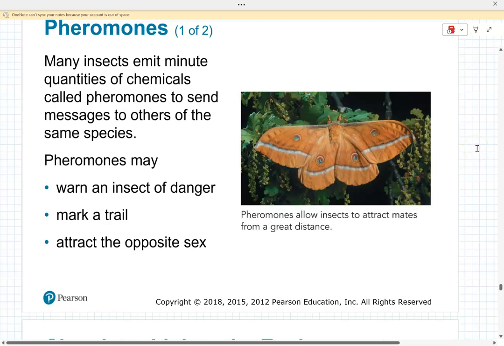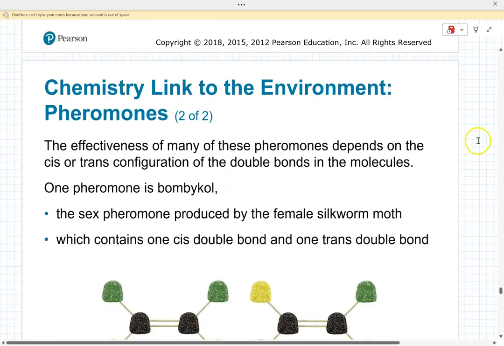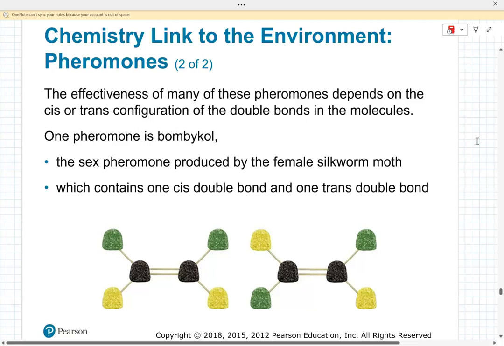Now, pheromones, the chemicals that insects produce to communicate with other insects, are essentially organic compounds. Okay? And the effectiveness of these pheromones is basically determined by having a trans or cis conformation.